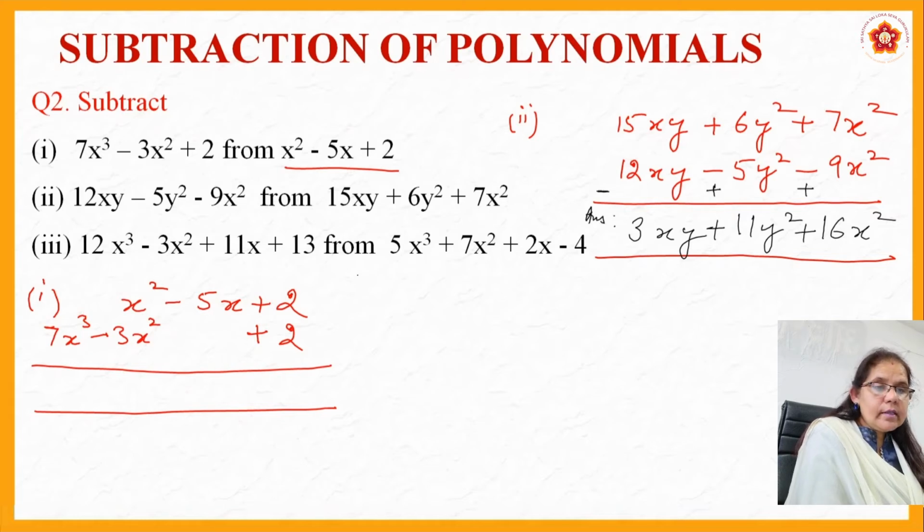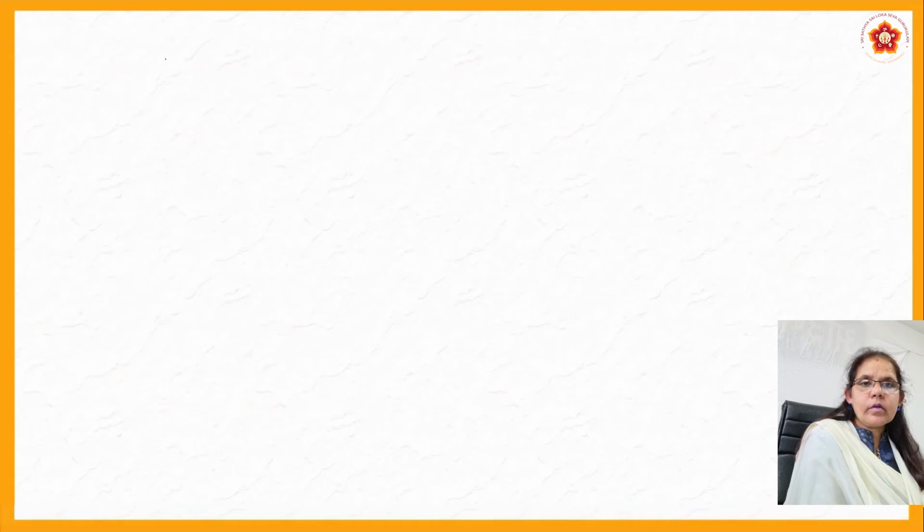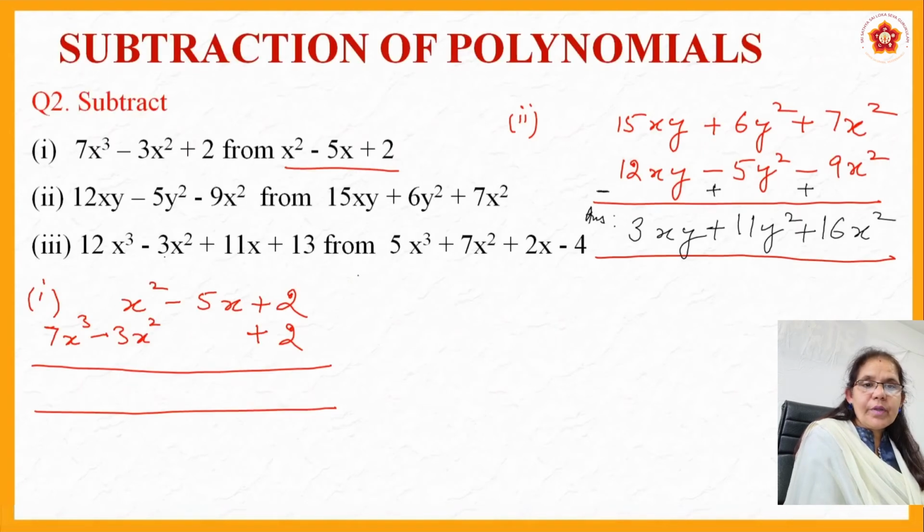Let us look at the third one. In third one, we have to subtract from 5x cube plus 7x square plus 2x minus 4.